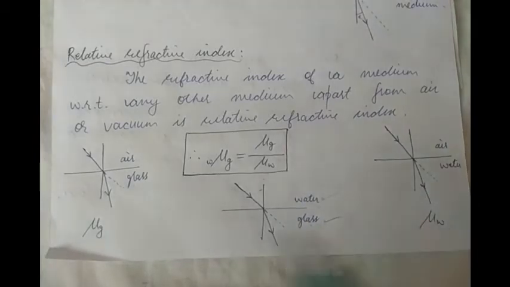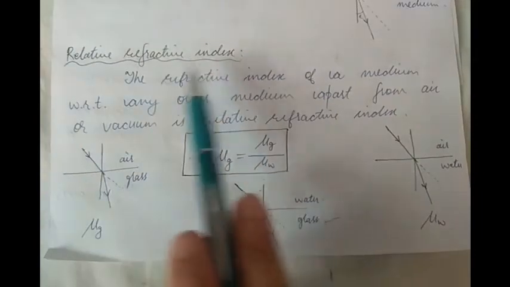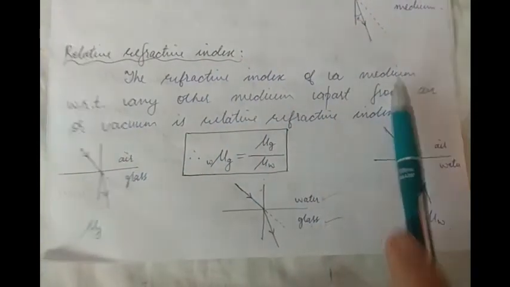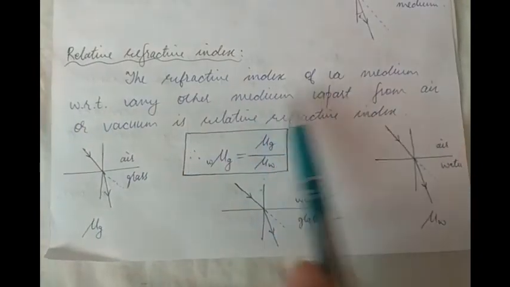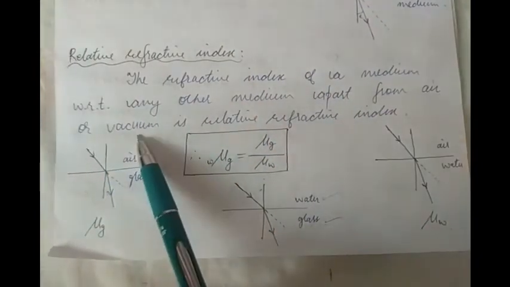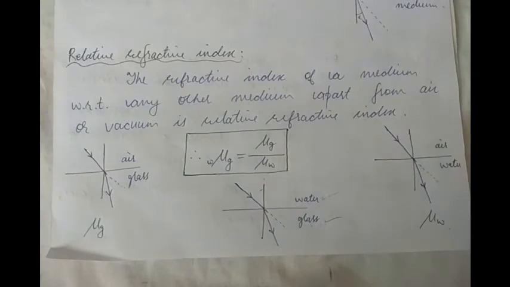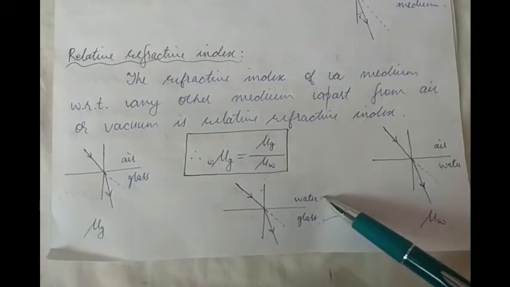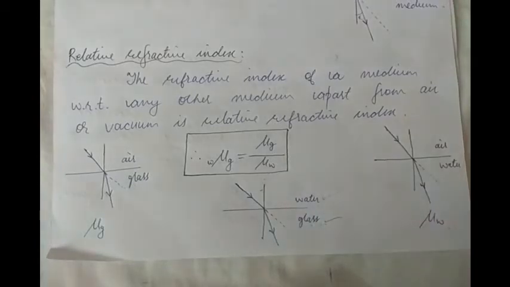In this kind of scenario we talk about relative refractive index. That is, the refractive index of a medium with respect to any other medium apart from air or vacuum is called relative refractive index. That is, the refractive index of glass with respect to water in this case is what is called relative refractive index.